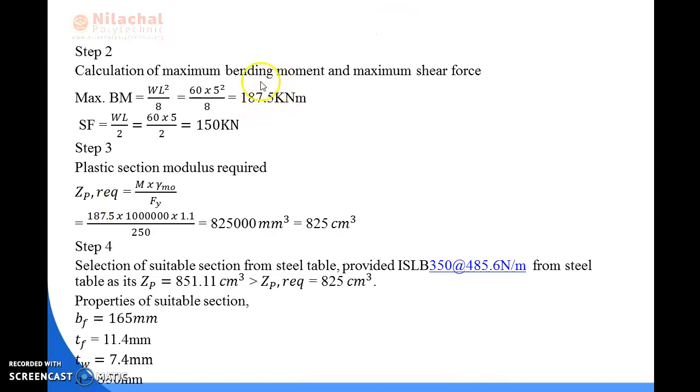Gamma M0 value is 1.1, and Fy is 250 for Fe410 grade steel. By calculating, we get 825,000 mm cube. Converting it into centimeter cube, the value is 825 centimeter cube. So this is all about step 3.